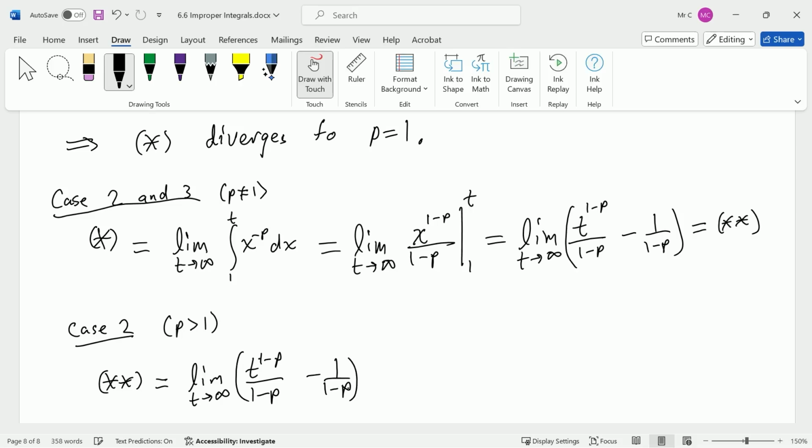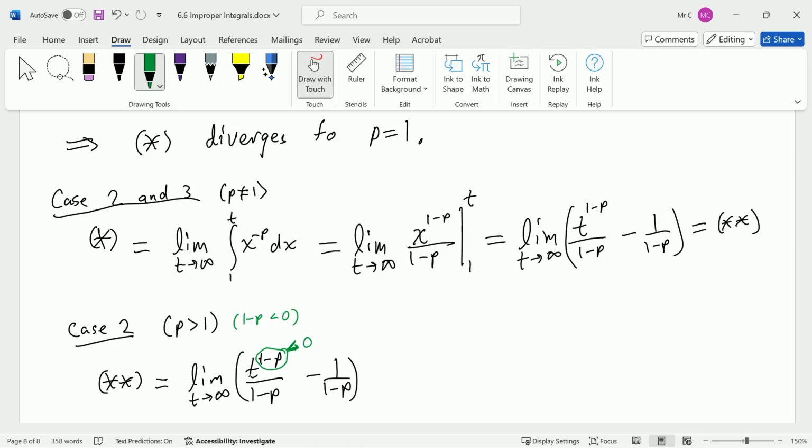Okay, well, the point here is that if p is bigger than 1, then 1 minus p is negative. So t to the 1 minus p is approaching 0.